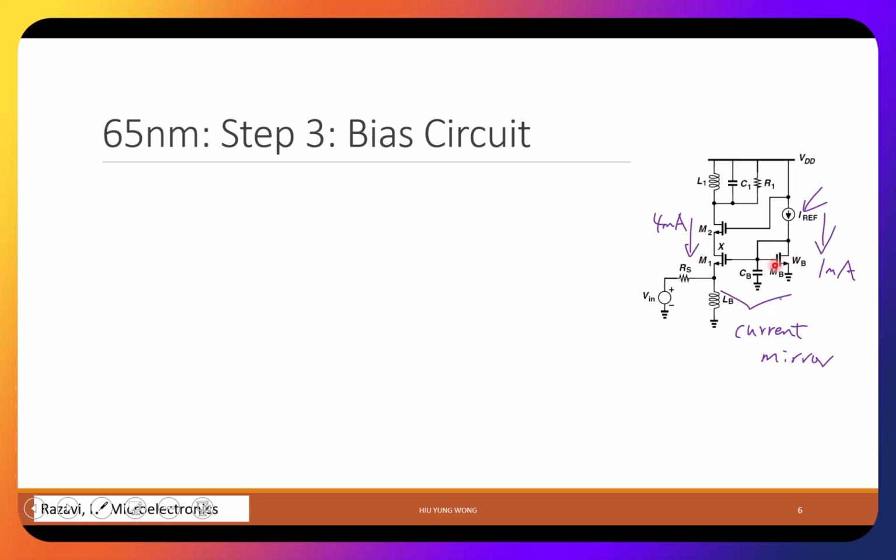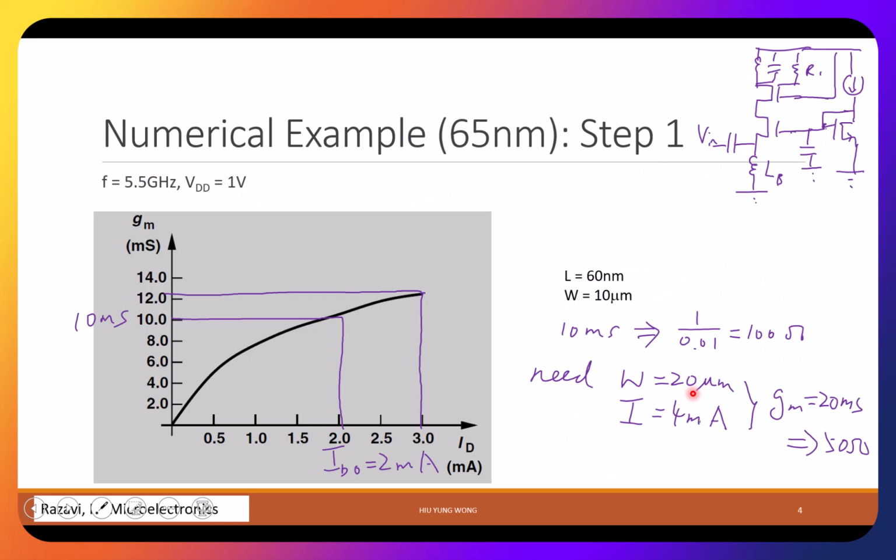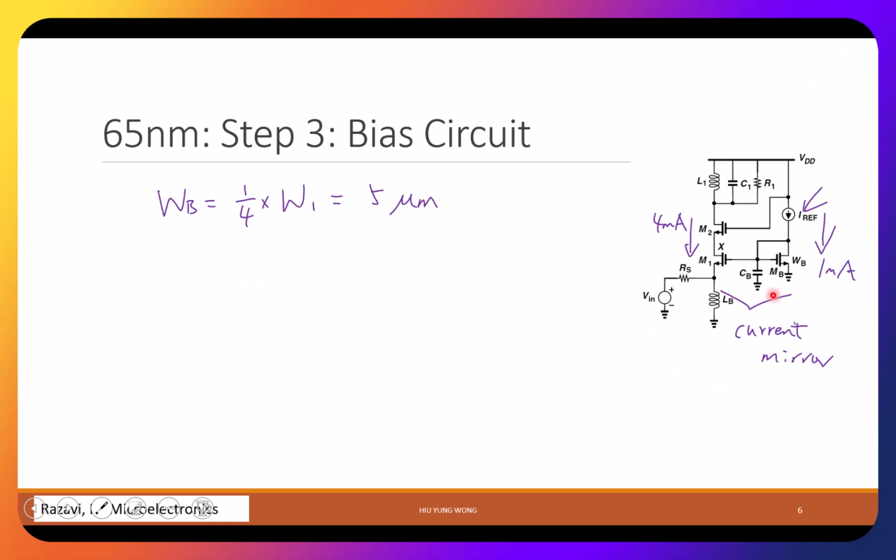In order to have a 1/4 ratio, you are going to have WB equal 1/4 times W1, which equals 5 micron, because earlier we said we choose W equal to 20, right? If you put 5 and everything works out, you will get 1 milliampere for 4 milliampere, but you won't because of channel length modulation again.